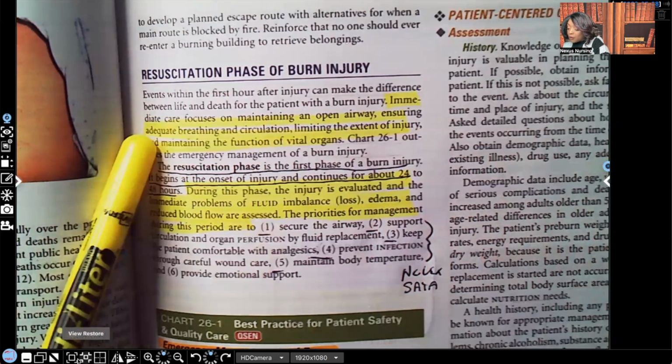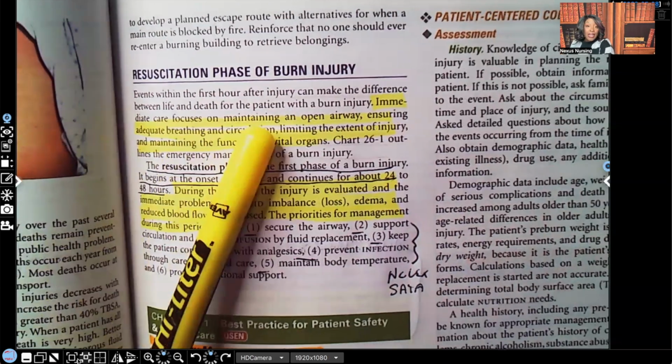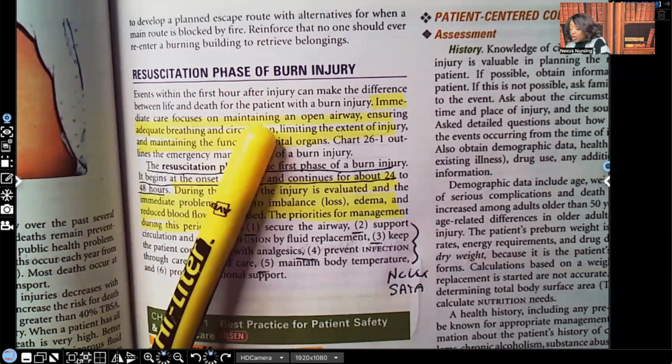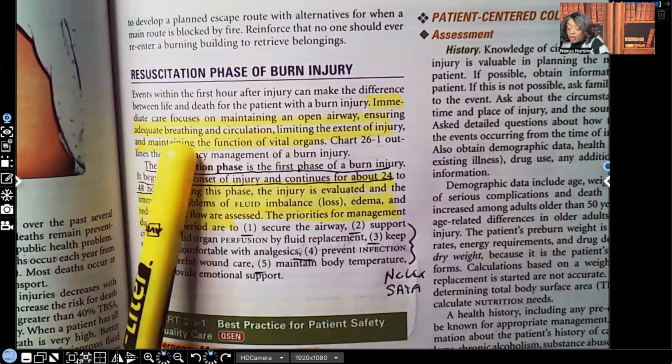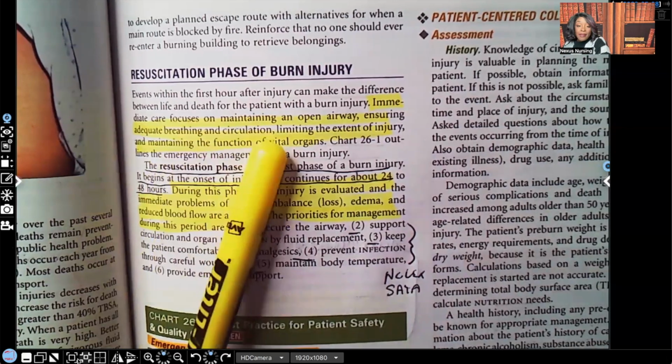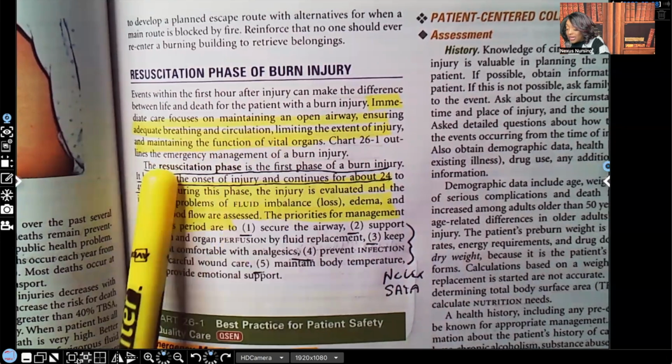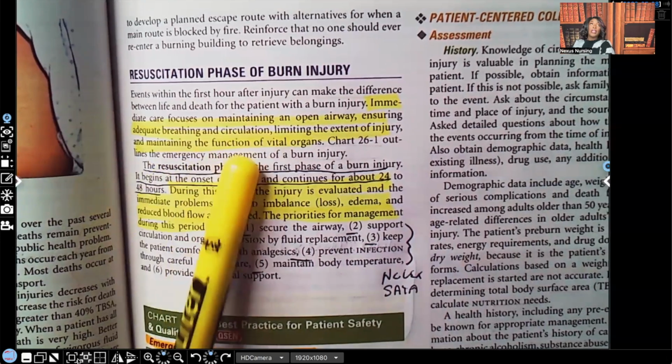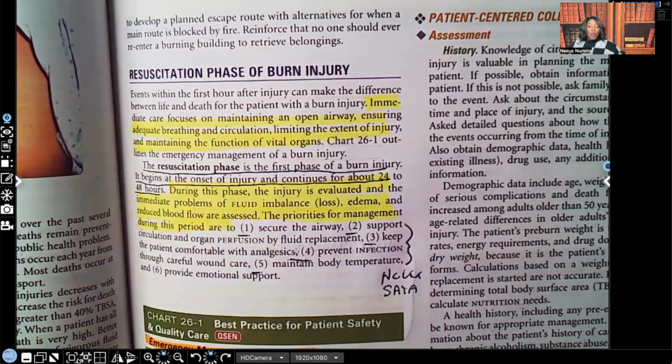So immediate care focuses on maintaining an open airway, because who cares about anything else if that patient's not breathing? Open airway, ensuring adequate breathing and circulation, limiting the extent of the injury, and maintaining the function of vital organs. Because remember what happens, guys, when all of the fluid, the vitamins, the minerals, the nutrients, oxygen left that vascular space, those organs were not being perfused, okay?